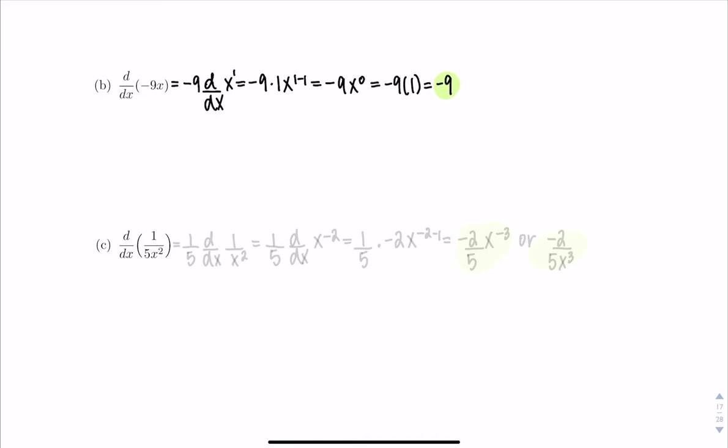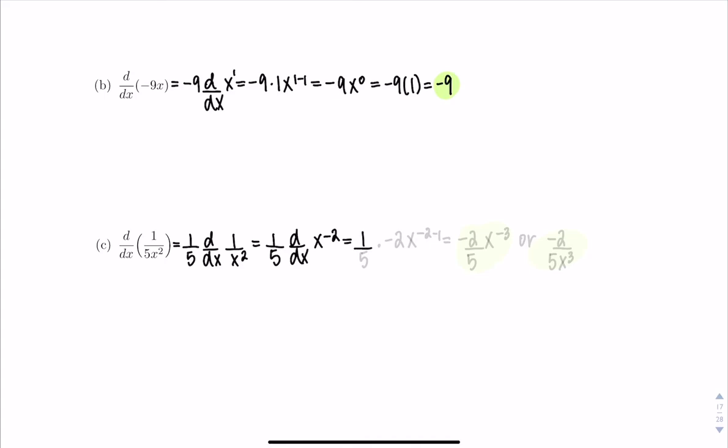The derivative of 1 over 5x squared, we can pull the 1/5 out front and then find the derivative of x squared, or 1 over x squared. But that can be rewritten as x to the negative 2.